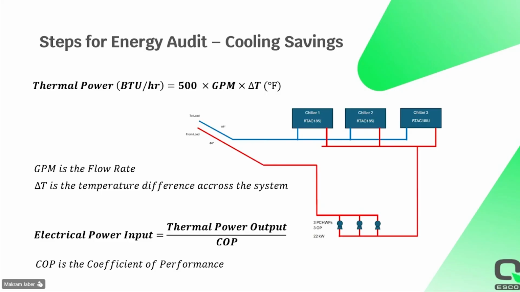The chiller is characterized by its COP. So we have chillers of COP 3. This means that for each kilowatt electrical we have 3 kilowatts of thermal power. So reducing the thermal power, we will reduce the electrical power and we will have energy saving.